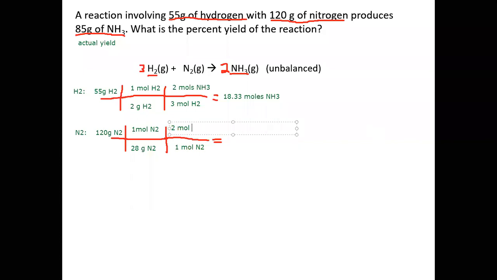Ammonia goes on top. And now we can determine the amount of moles of product produced by nitrogen. And we get 8.57.